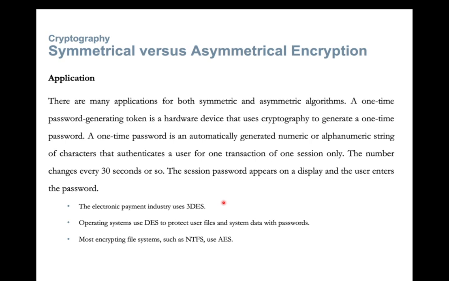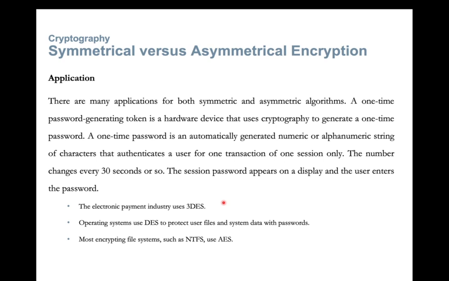A one-time password is an automatically generated numeric or alphanumeric string of characters that authenticates a user for one transaction or one session only. The number changes every 30 seconds or so.